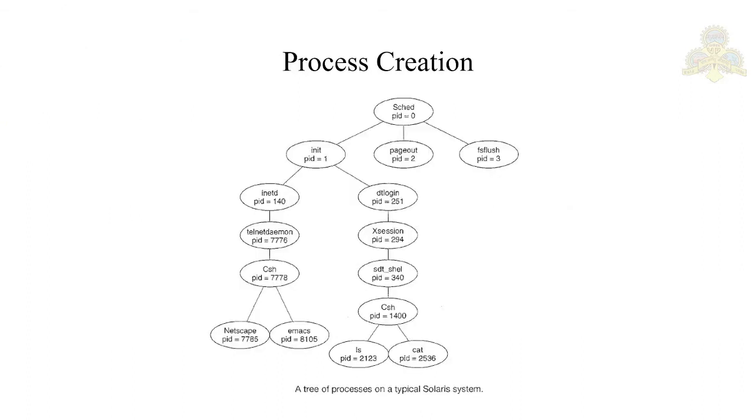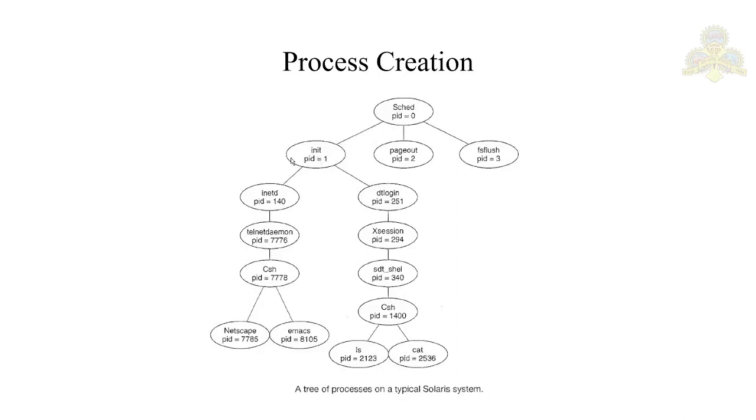This is a tree of processes on a Solaris system. In Solaris, the process at the top of the tree is the process with PID 0. As you can see, these are all processes, and each of them has a unique number. This first process has created three children.